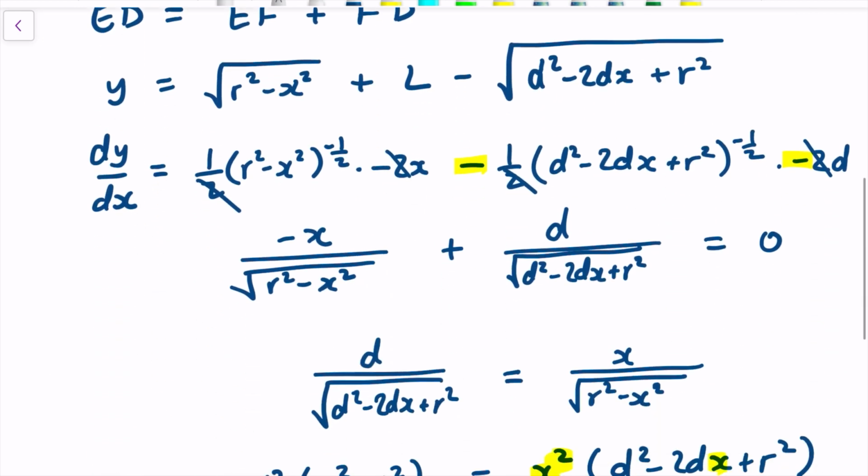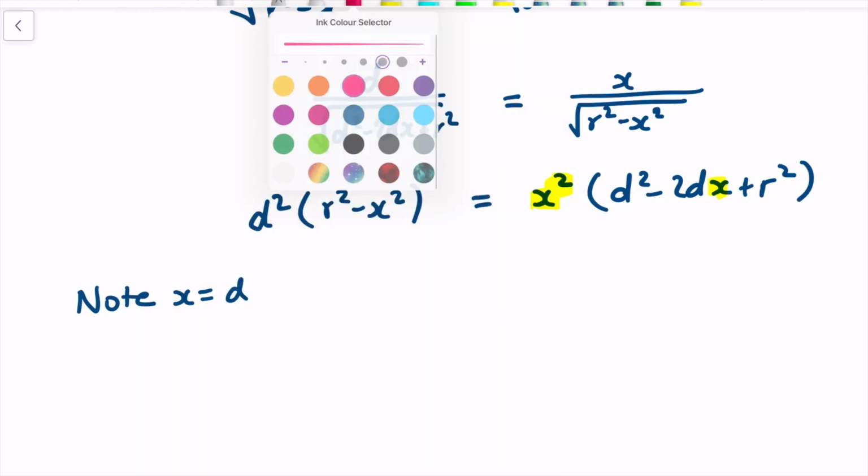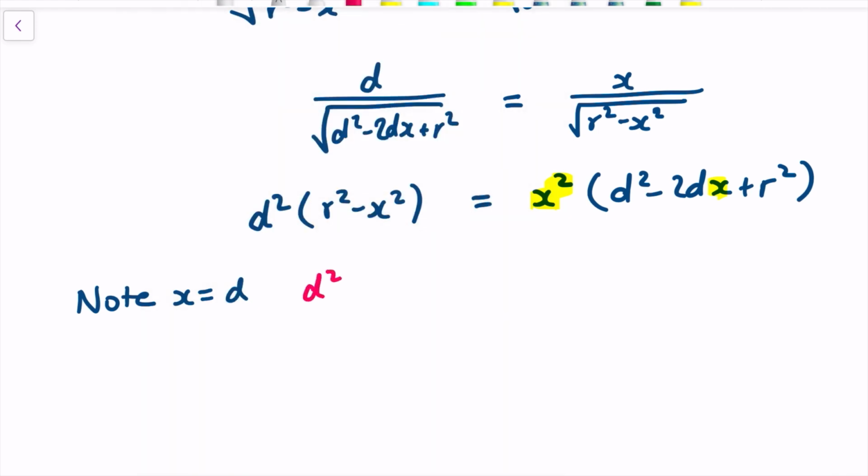Let's see if that works. Can we make x is equal to d in this expression? Note that x equals d. Because that would mean that the left hand side would be d squared times r squared minus d squared.